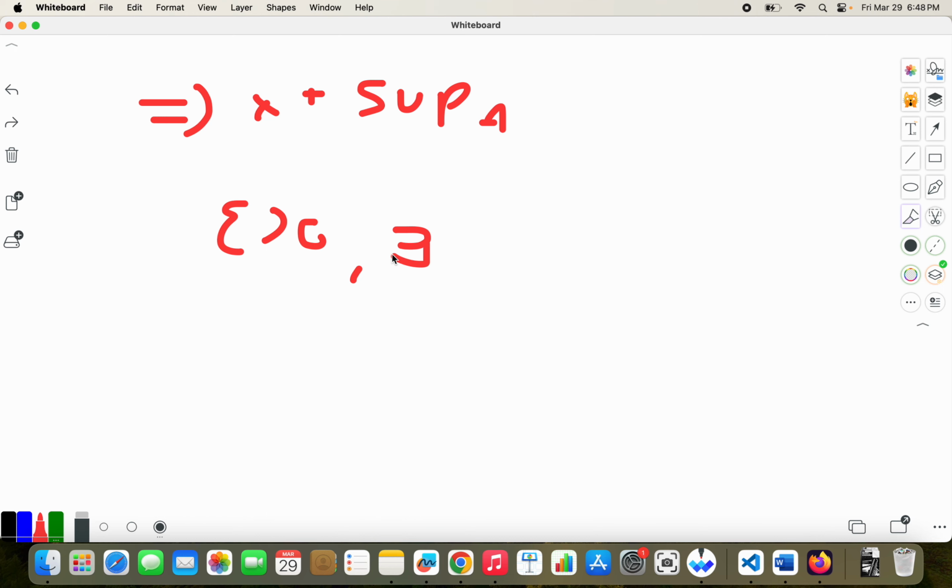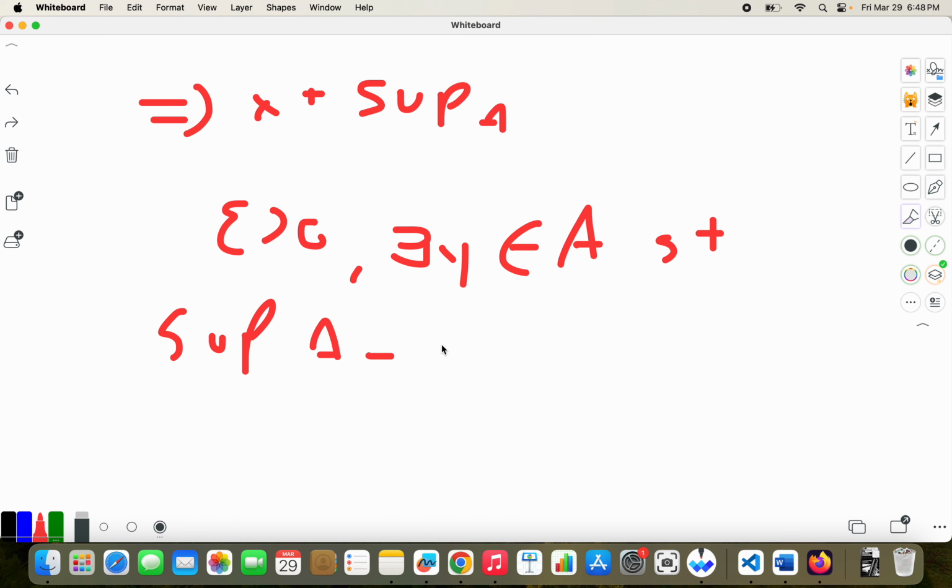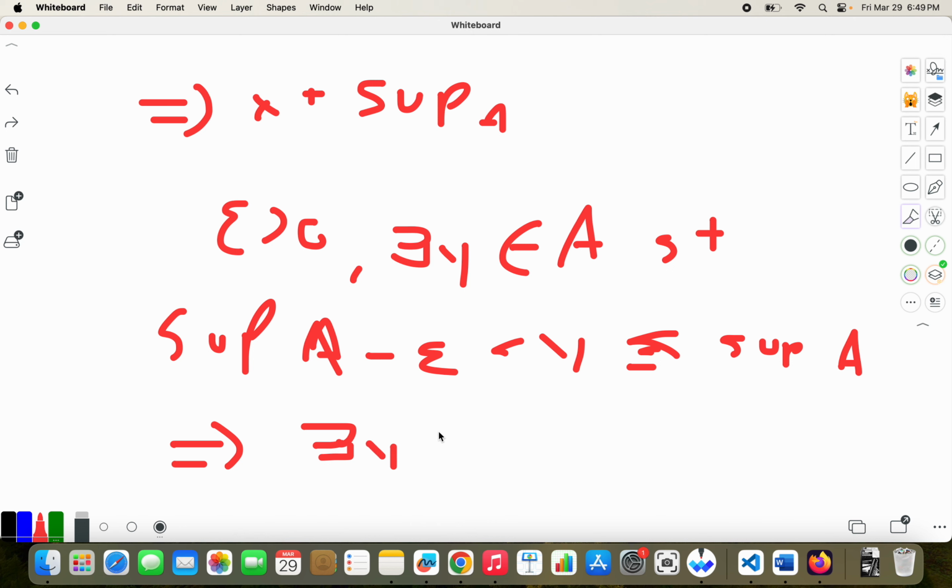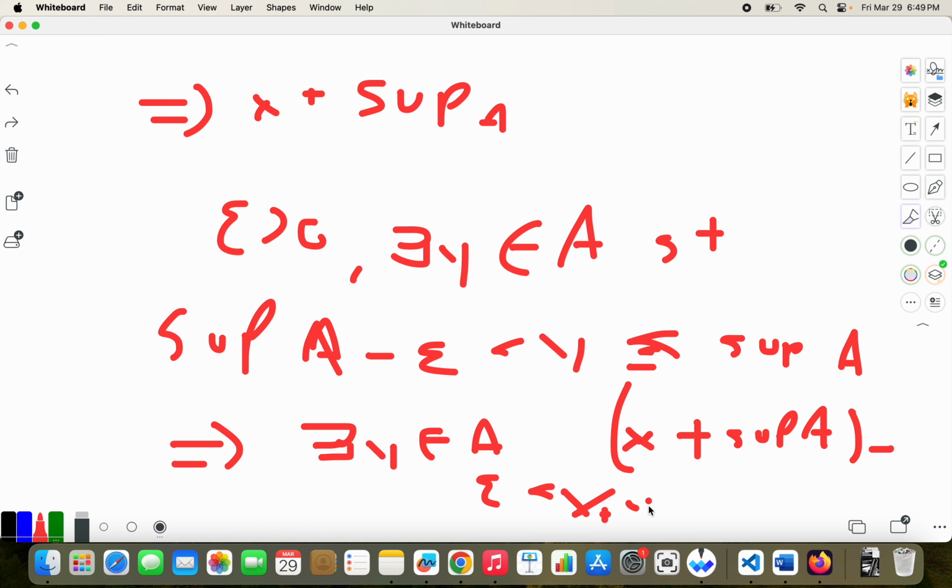Then by the definition of supremum, there exists a y in A such that sup A minus epsilon is less than y, which is less than or equal to sup A. Which implies there exists y in A such that x plus sup A minus epsilon is less than x plus y, which is less than or equal to x plus sup A.